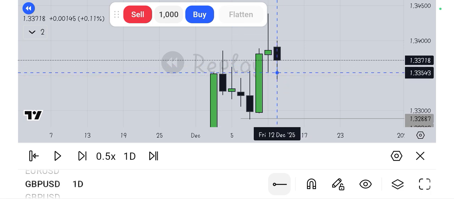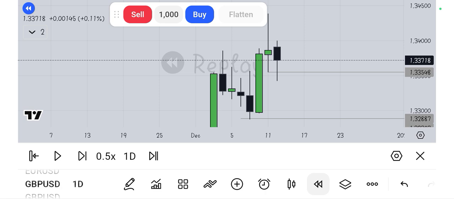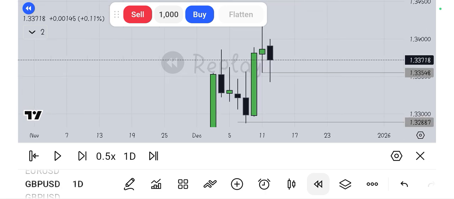So we can see that Friday had swept that previous week's low. Remember, I told you that whenever we sweep or grab liquidity, we shall always reverse.